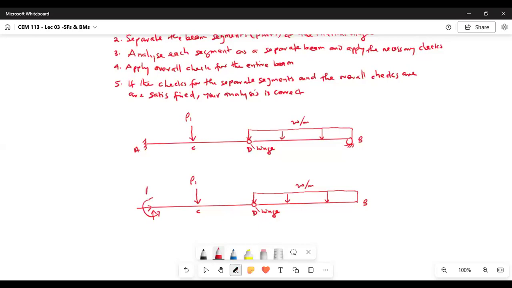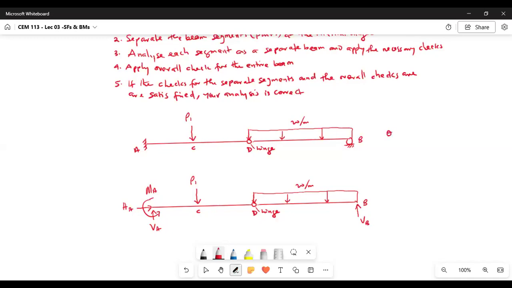So this will be MA, HA, VA. And this side, it's a roller, so this will be VB.